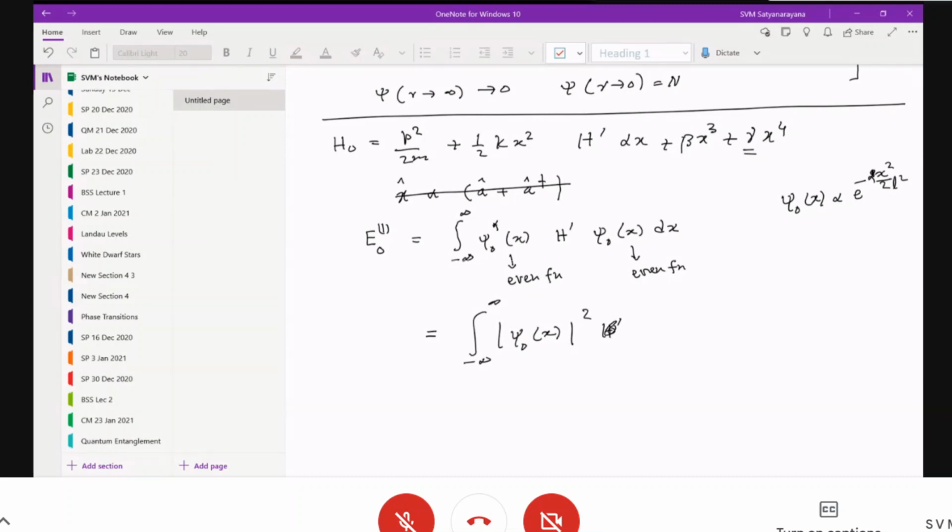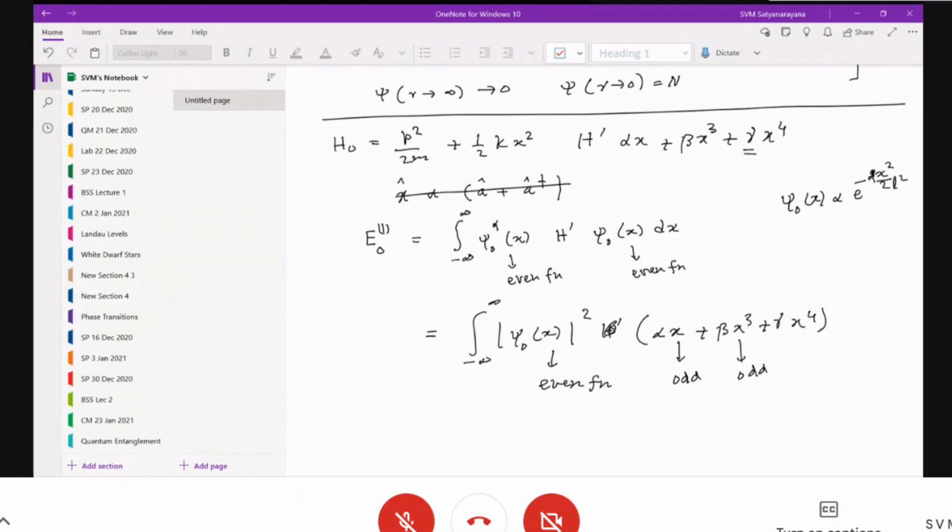So this h prime is your alpha x plus beta x cube plus gamma x to the power 4. I can write this as three parts of the integral, no? One with x, one with x cube, other with x to the power 4. So x is an odd function, because x going to minus x will pick up a minus sign. So when you multiply x into this one, the total integrand will become an odd function. Same story with x cube also, because x cube is also odd.